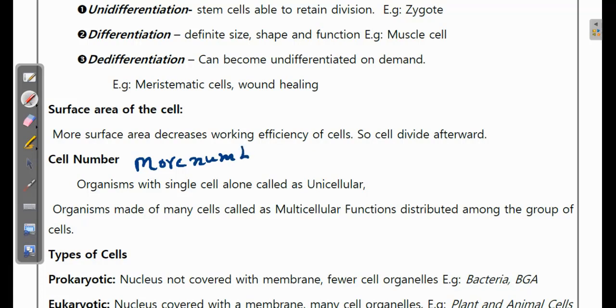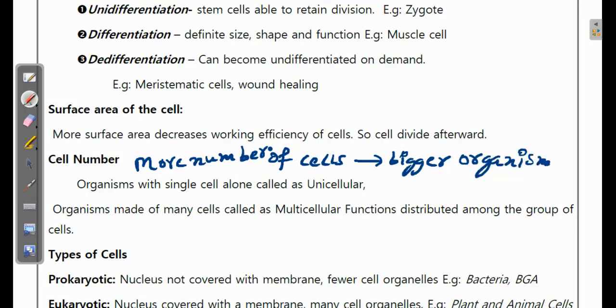There is no specific proof that an increase in the size of cells will form a larger organism, but there is evidence that more cells are responsible for forming bigger organisms, be it a giraffe, an elephant, or a blue whale. All these organisms have more cells, that's why they are big.